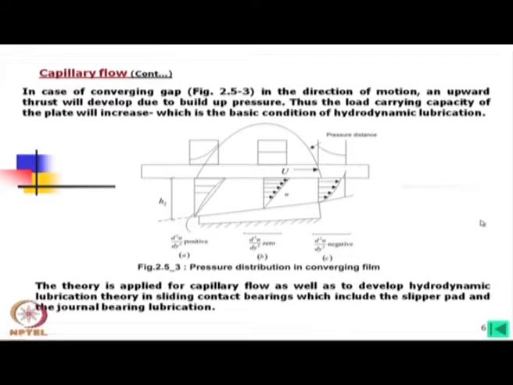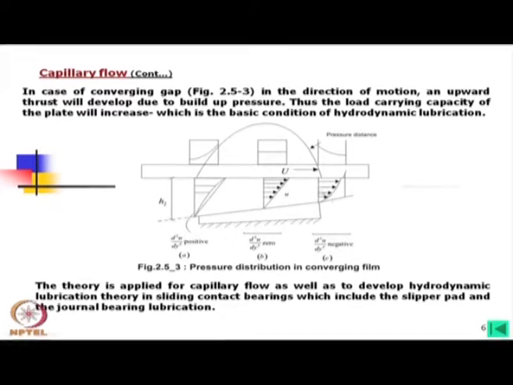The theory is applied for capillary flow as well as to develop hydrodynamic lubrication theory in sliding contact bearings, which include the slipper pad and the journal bearing lubrications.